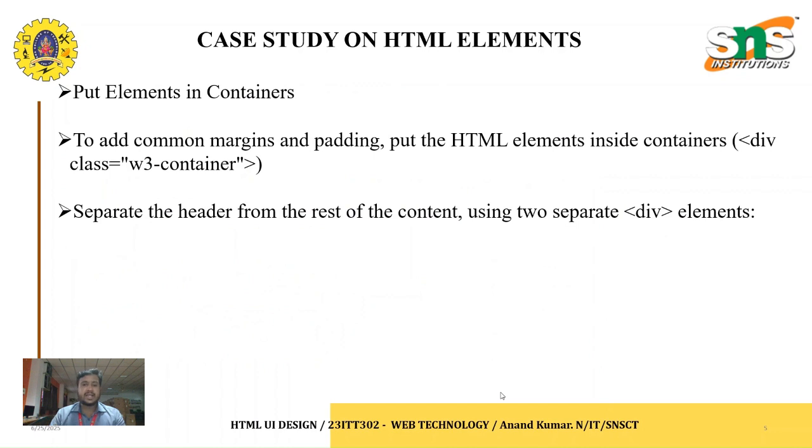Coming to the next case study topic, we are going to put the elements in containers to add common margins and paddings. Put the HTML elements inside the containers, that is div class equal to container. Separate the header from the rest of the content using two separate division elements.